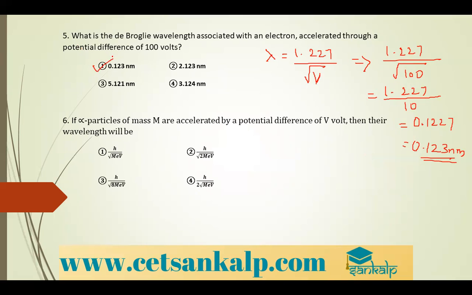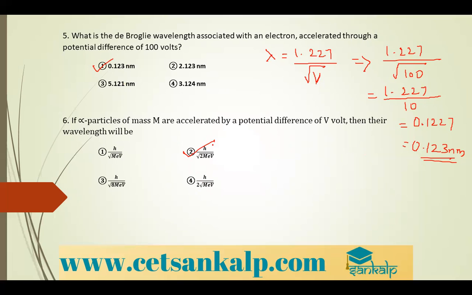Okay. So if alpha particle of mass m is accelerated by the potential difference of V volt, then their wavelength will be h divided by root of 2 times the mass into eV.